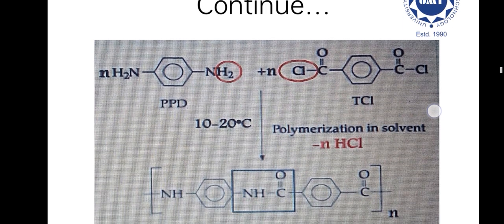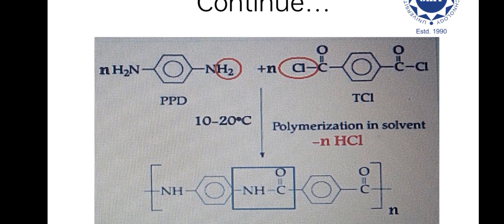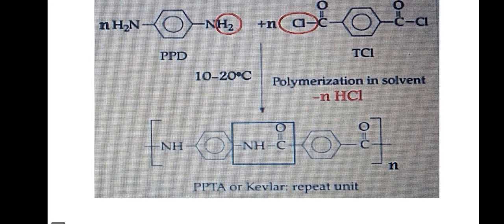The temperature would be 10 to 20 degrees centigrade, and a bond will be formed between the NH and the carbonyl group of the TCl, and it forms a polymer of Kevlar fabric, or PPTA.